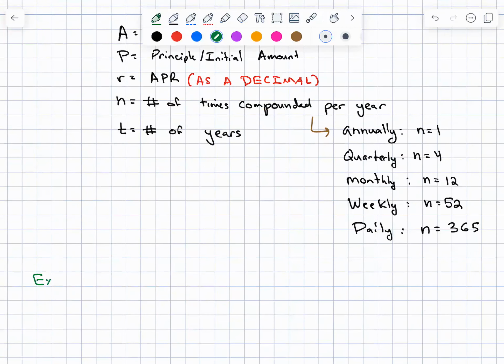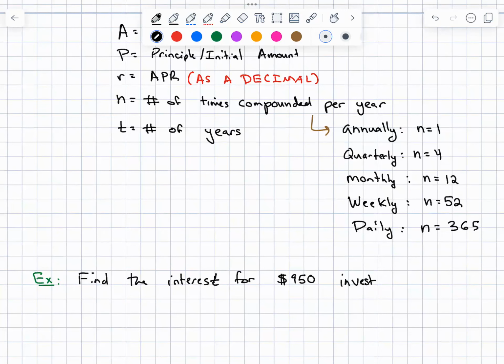Example. Find the interest for $950 invested for 10 years at an APR of 4% compounded quarterly.